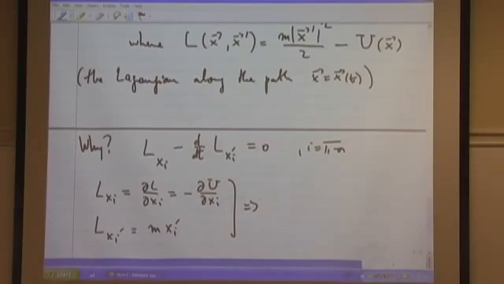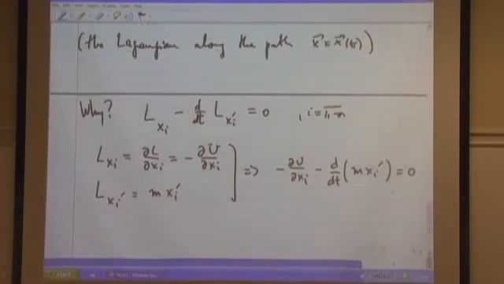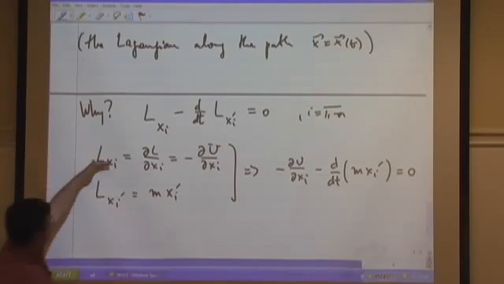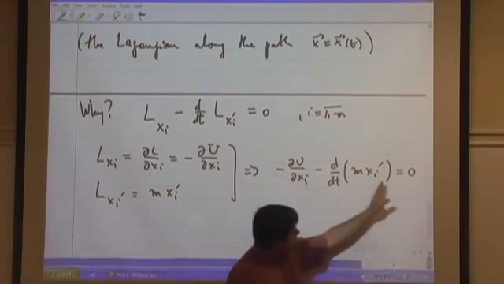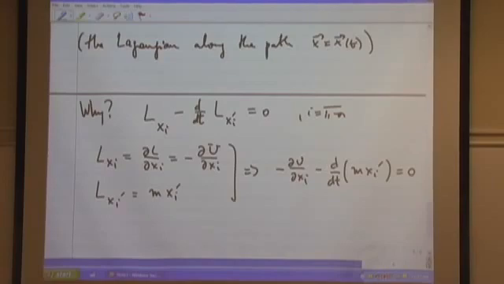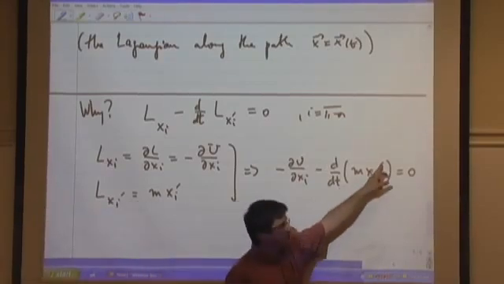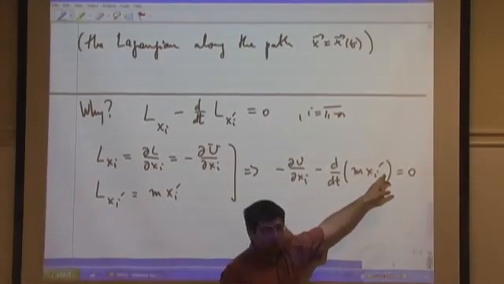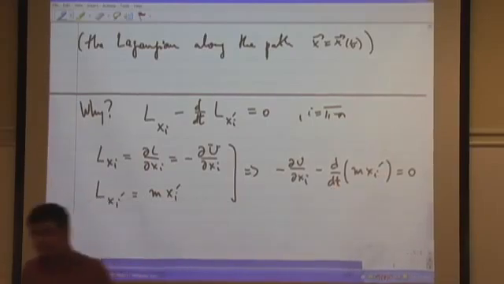It's going to be minus the partial of u with respect to xi minus the derivative with respect to t of m xi prime equals 0. And remember, once you do this kind of formal differentiation, you have to go back and evaluate it along the path. So now xi prime becomes xi prime of t, and so it basically is the second derivative of that.